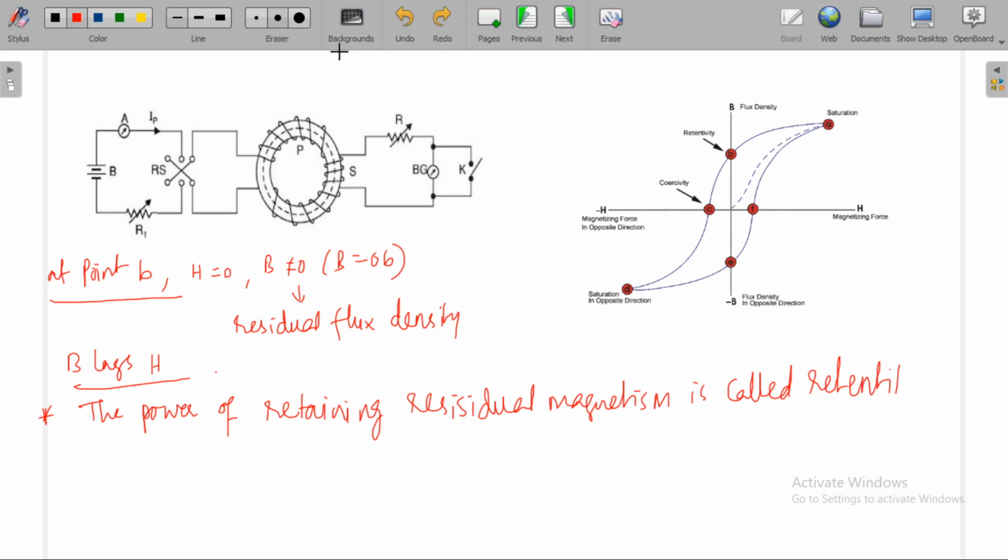The property of holding this magnetism even though the magnetizing force is zero is called retentivity.